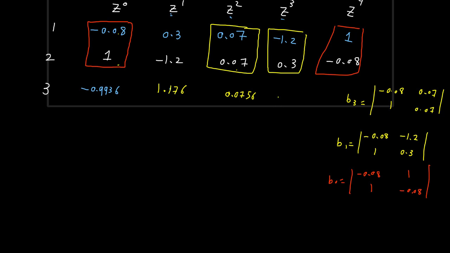Now if I need to take this element, then I will multiply minus 0.08 by minus 1.2, then minus 0.3. If we do the math, this will equal minus 0.204. Now the line number 4 elements are identical to line number 3, reversed in order, so this will be minus 0.204. This will be 0.0756. This will be 1.176, and finally here I'm having minus 0.9936.